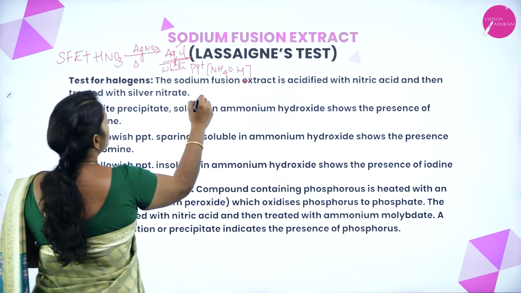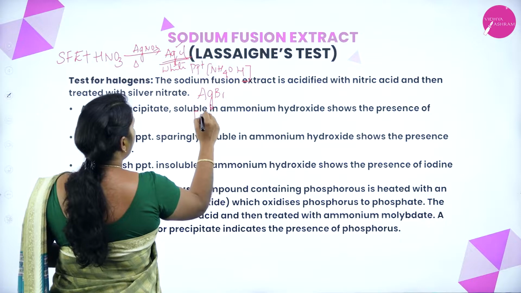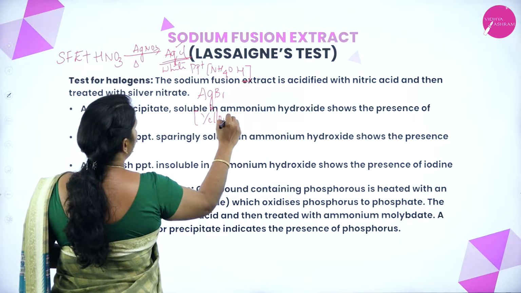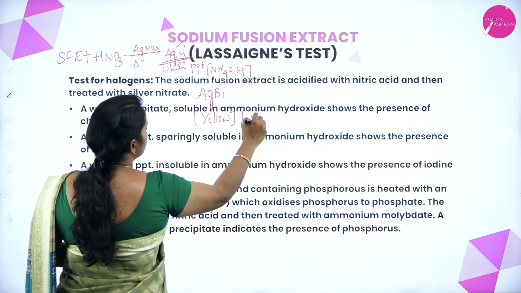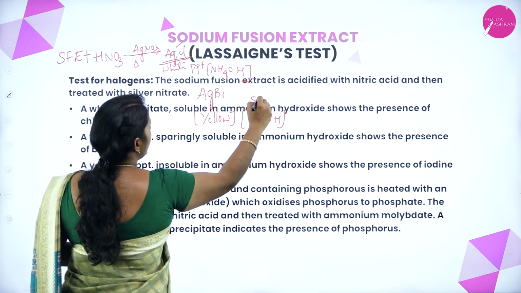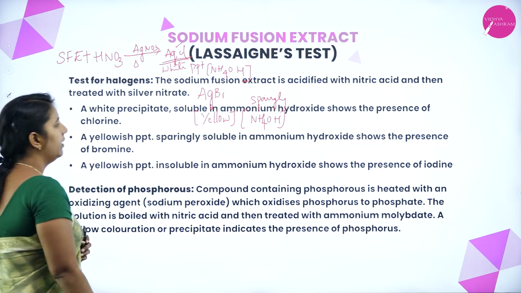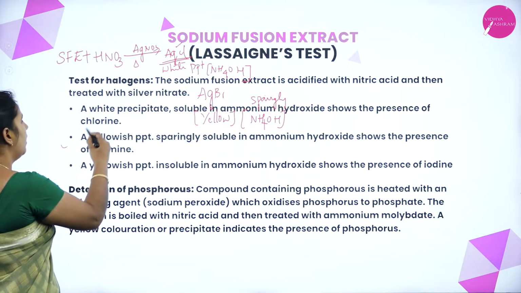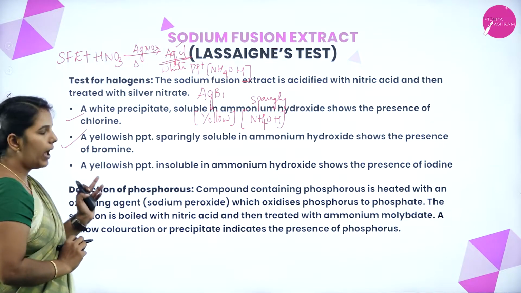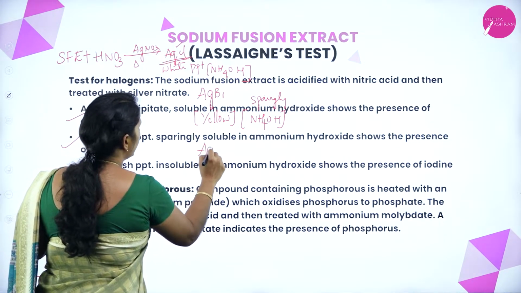Suppose it forms silver bromide, it is a pale yellow color precipitate. It is sparingly soluble in ammonium hydroxide. Suppose you have a dark yellow color precipitate, which is due to silver iodide.